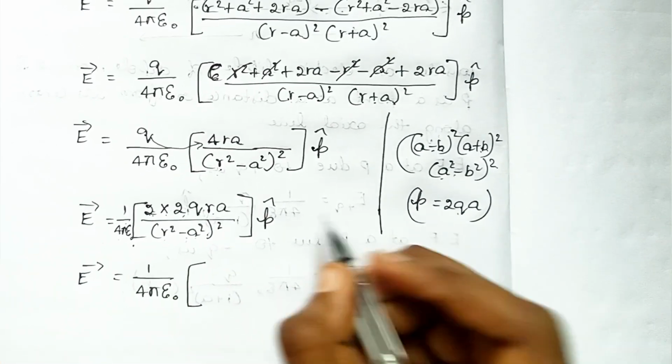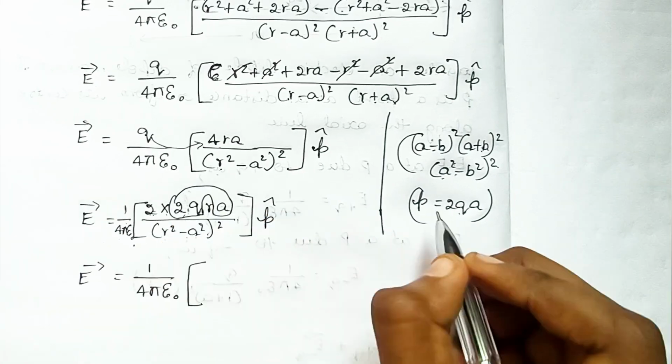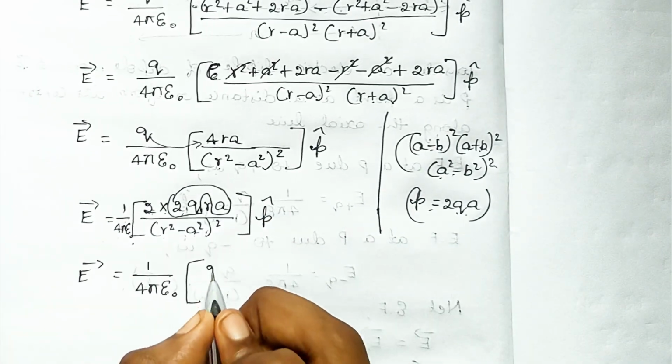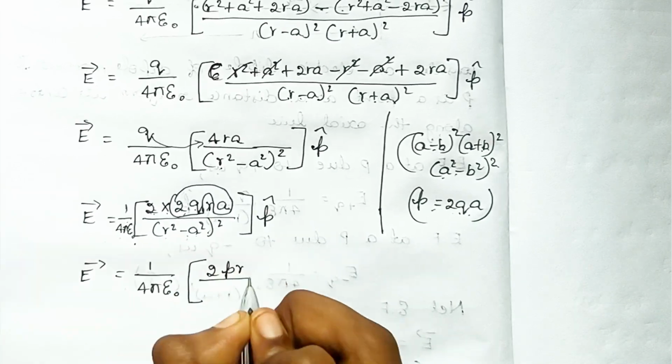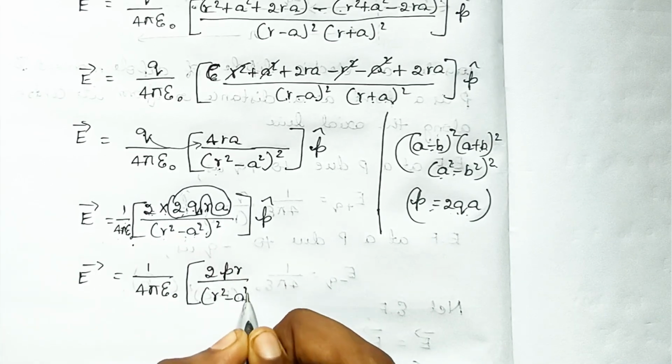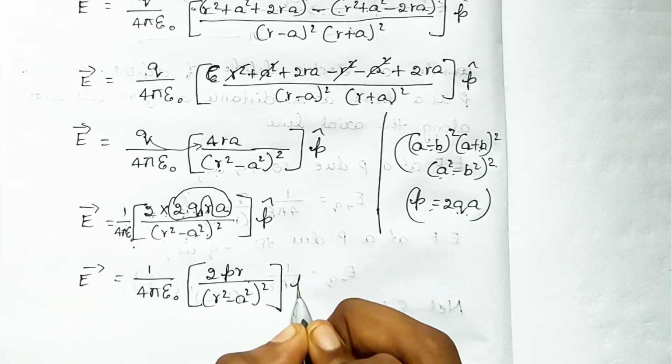Now we know that 2qa is equal to p, so I will replace 2qa by p, and the remaining is r: 2pr divided by (r square minus a square) whole square into P cap.